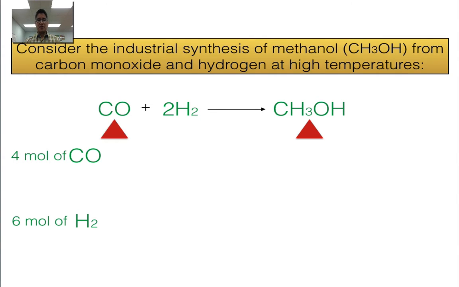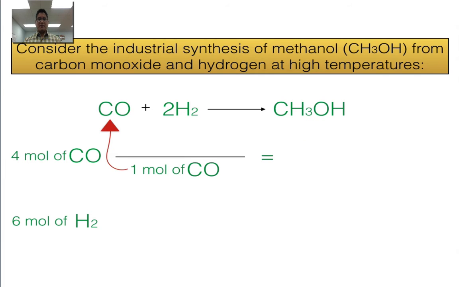I'm going to run this through to see which produces the least. The relationship between carbon monoxide and methanol is a 1-to-1 ratio. There is an understood, assumed one here. So 1 mole of carbon monoxide will make 1 mole of methanol. In my conversion equation, at the bottom I'll have 1 mole of carbon monoxide, because that is the unit I want to get rid of in my given, 4 moles of carbon monoxide.